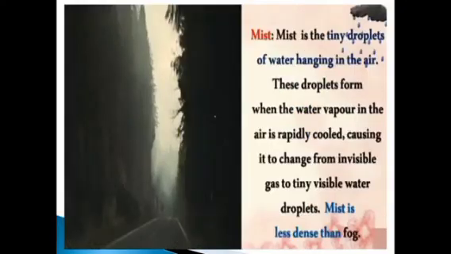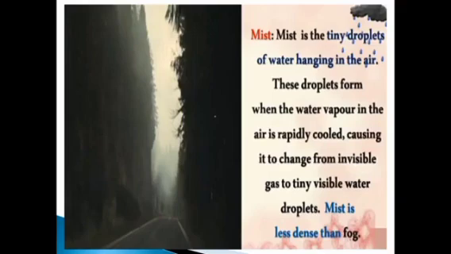Next, we are going to learn about mist. Mist is the tiny droplets of water hanging in the air. These droplets form when the water vapor in the air is rapidly cooled, causing it to change from invisible gas to tiny visible water droplets.